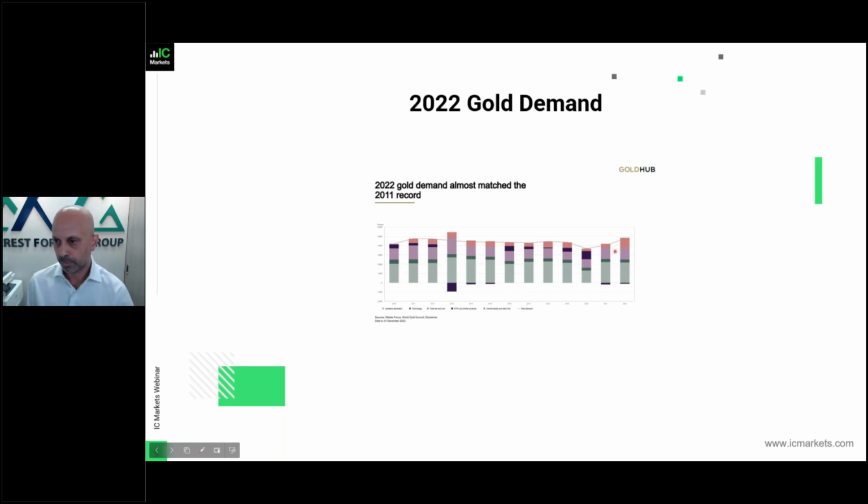As you can see, for the last 10 years or so, central bank demand was relatively smaller compared to the other segments. But last year, there was a significant demand for physical gold coming in from central banks. Global central banks around the world became huge buyers of gold.